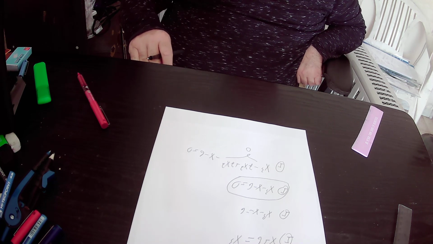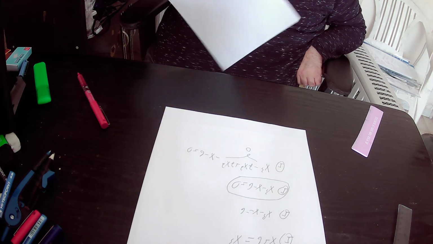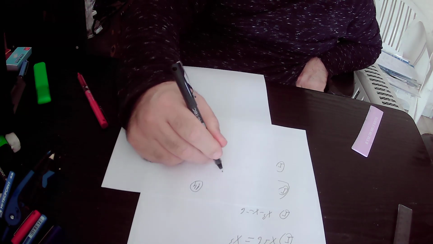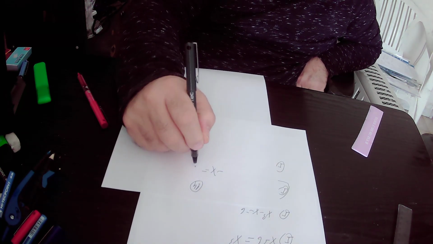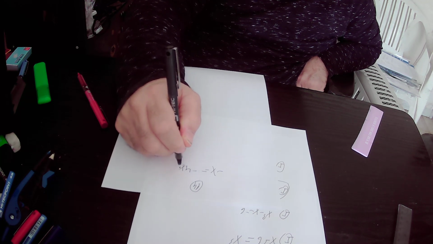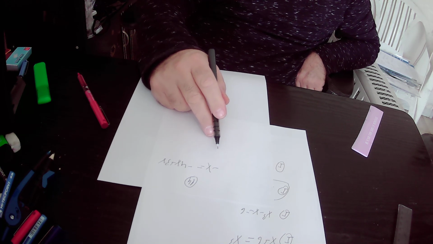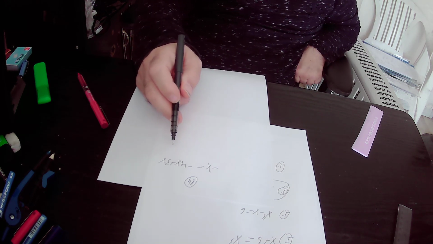And minus x equals minus 4x plus 3x. Again, minus x equals minus 4x plus 3x.